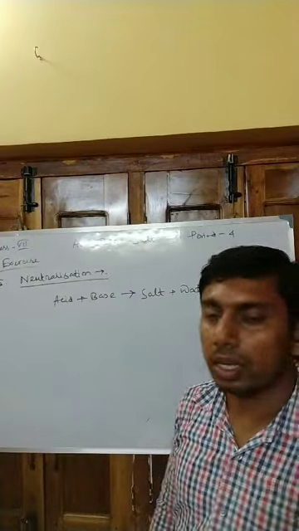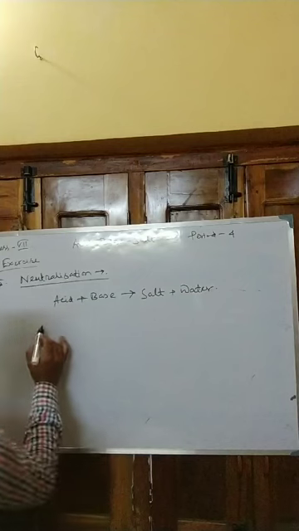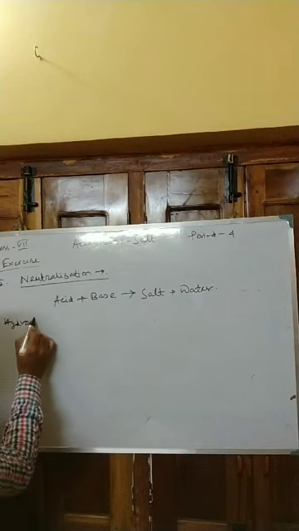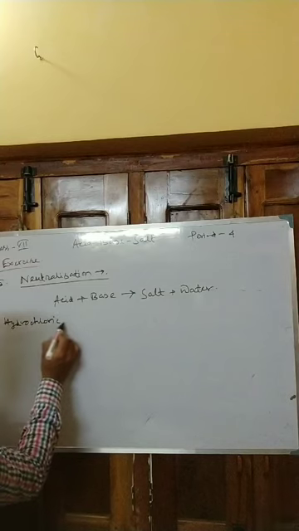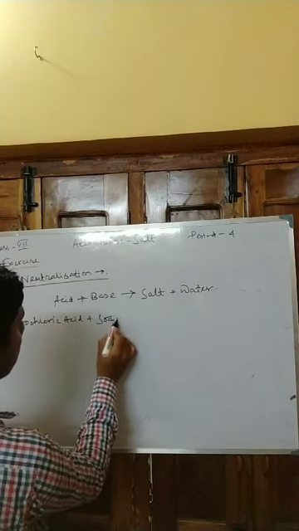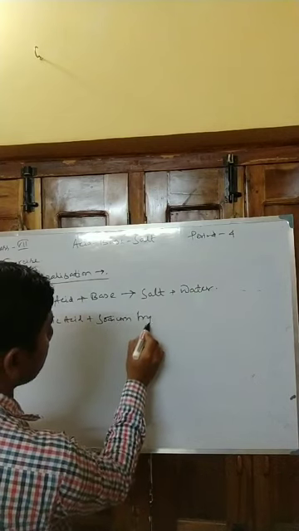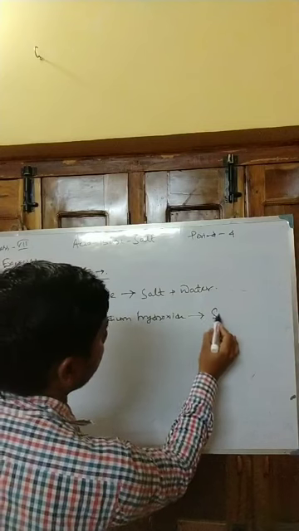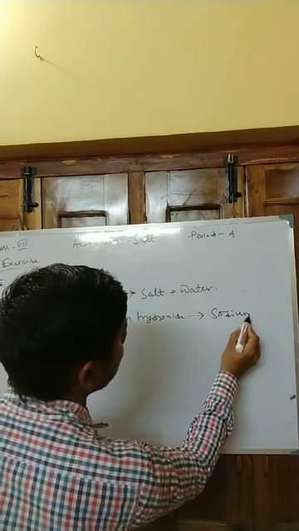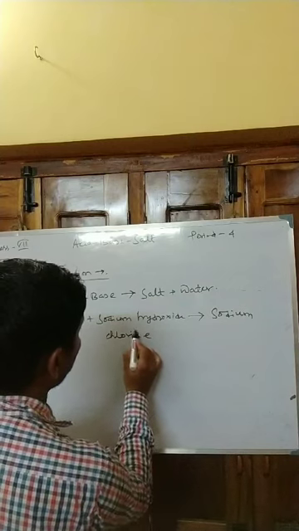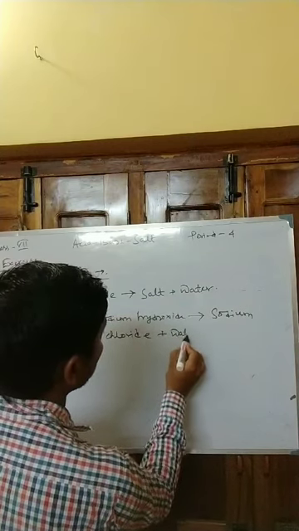We have discussed one example, taking HCl, that is hydrochloric acid, plus sodium hydroxide, forming sodium chloride and water.